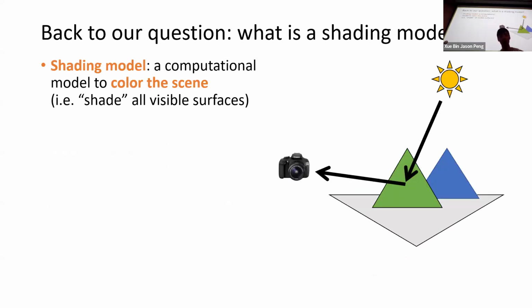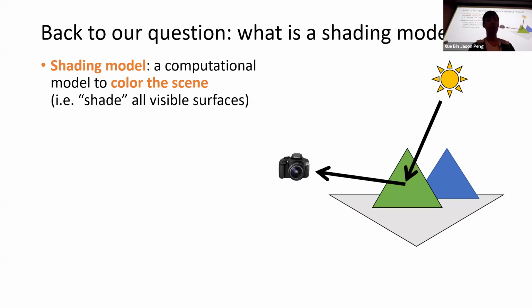At a very abstract level, we can think of a shading model as a way of determining what color we should shade in for every surface that we observe in the scene. So a shading model is a function that takes in information about the scene, things like what the color of the light source is, what the color of the object is, and then uses that to determine the color that we should assign a particular point on the surface of an object.